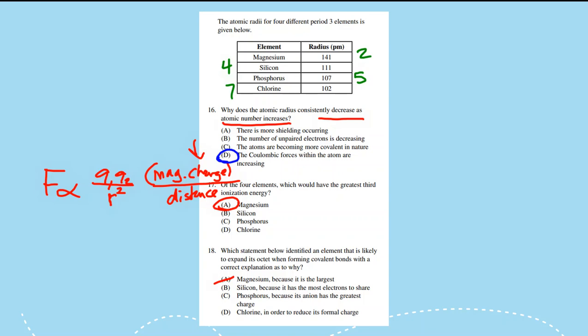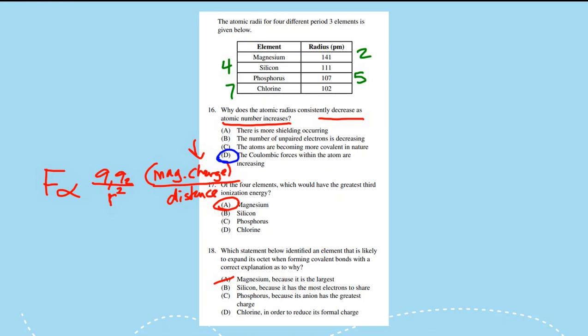Silicon, because it has the most electrons to share. Remember, it has 4 valence electrons, so it can do 4 bonds. Does that have anything to do with expanding your octet? No, not really. All you need is 4 bonds and you're good to go with your octet. So I think that one's kind of eh.